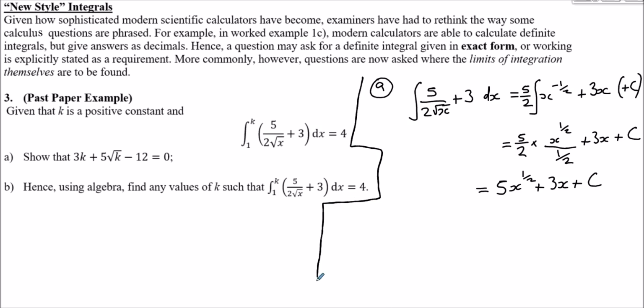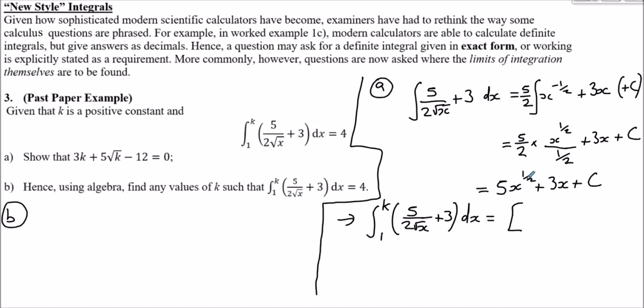So then, therefore, you can make space for d over here. Using this, we can therefore say that the integral from k to 1 of 5 over 2 root x plus 3 with respect to x is going to be this thing here, in between the limits of k and 1.